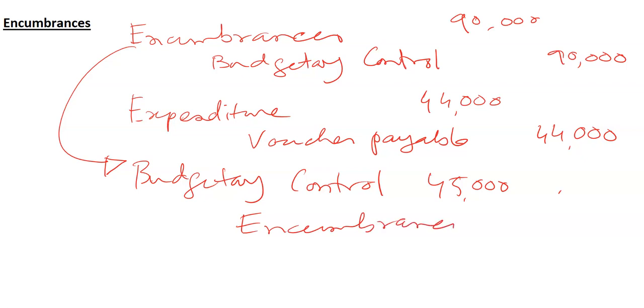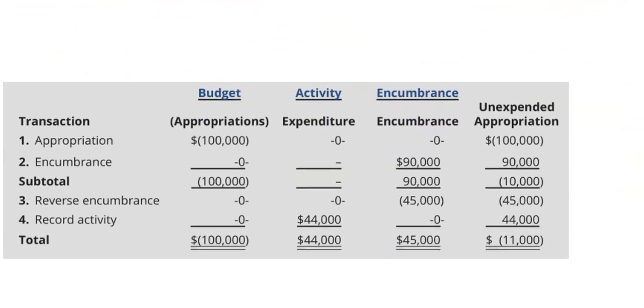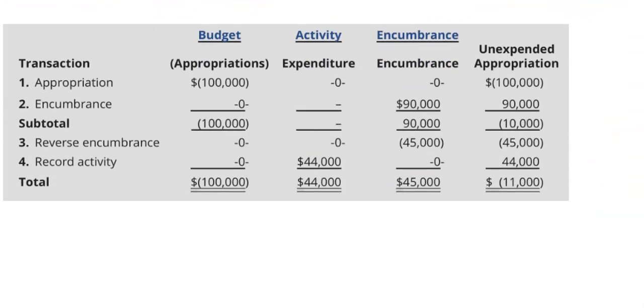So this is how they will check how much they actually budgeted at the beginning of the year, how much they planned for when they placed the order, and how much they are spending when they purchased it. Remember, it's a truck. It sounds like a long-term item, but we never record any long-term assets here. Rather, every spending, we call it expenditure. So they did one truck, and then if you look at the table, you will see the whole scenario.